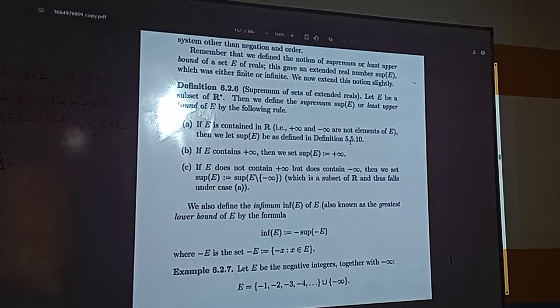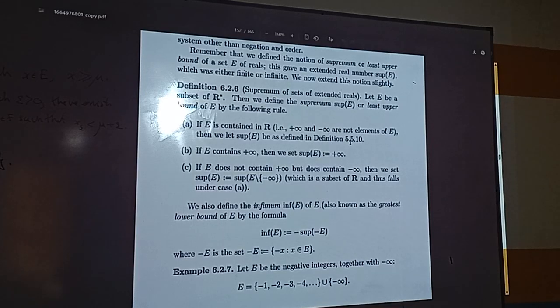It's possible, okay. So, ordering of extended reals. Let x and y be extended real numbers. We say that x is less than or equal to y if and only if one of the following three statements is true. When you take x and y as extended real numbers, both can be real. If both of them are real, x less than or equal to y means what you know for real numbers.